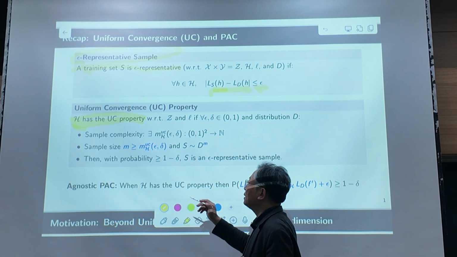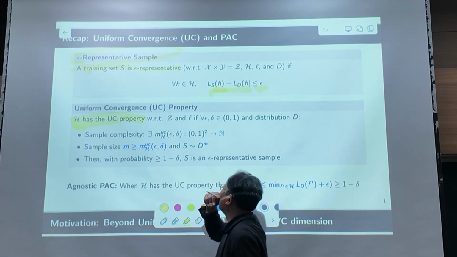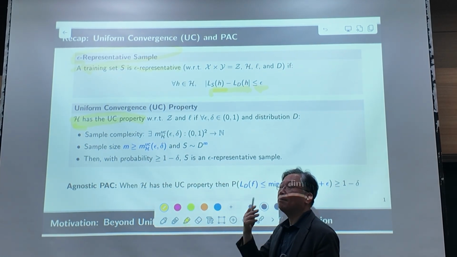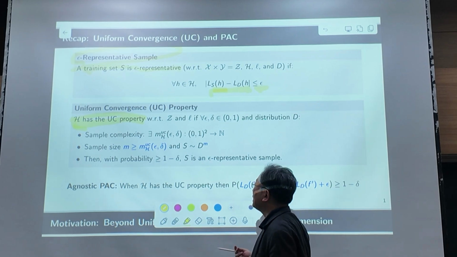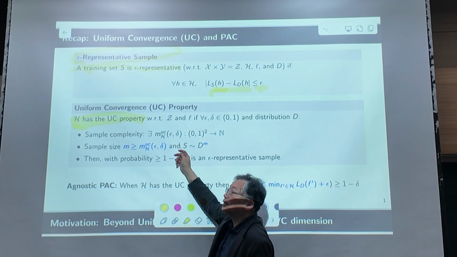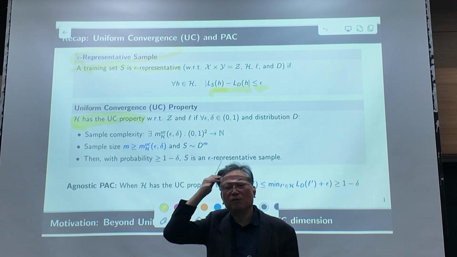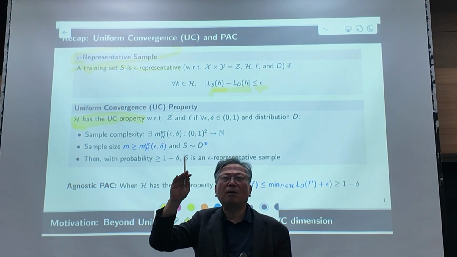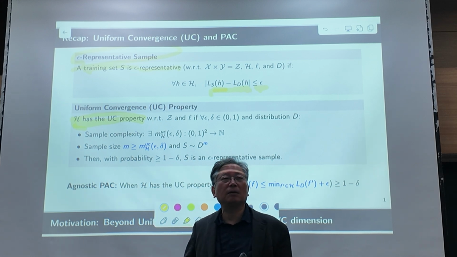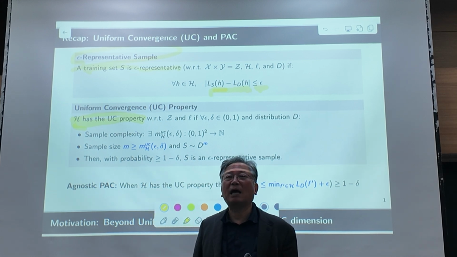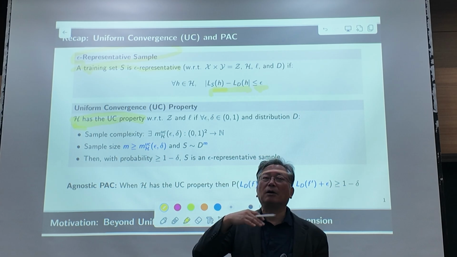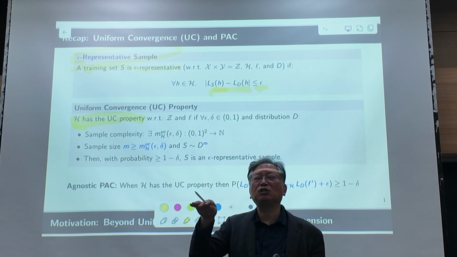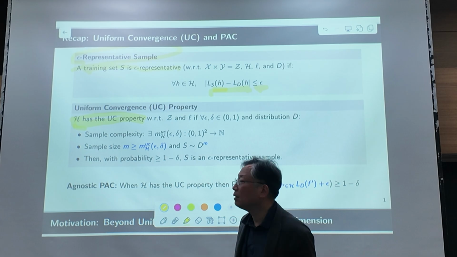It means that there is a sample complexity, a function that takes epsilon and delta. Epsilon is generally the accuracy, and 1 minus delta is the confidence that we have about our statement or relationship between the training and test data.